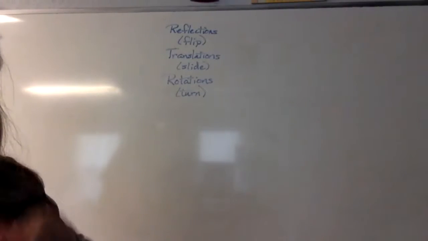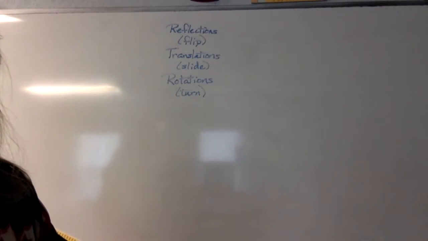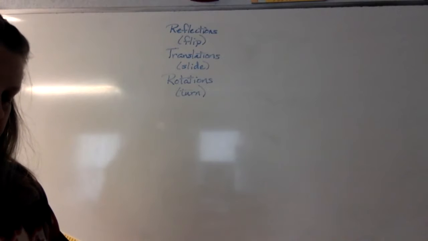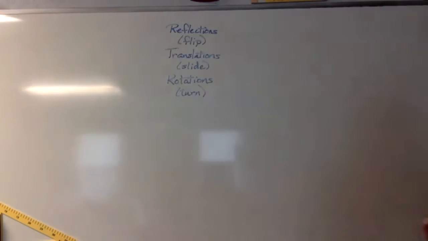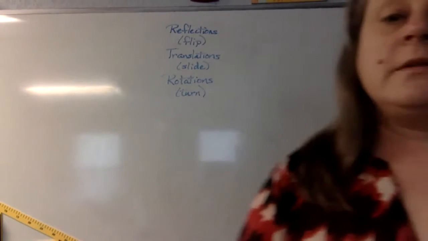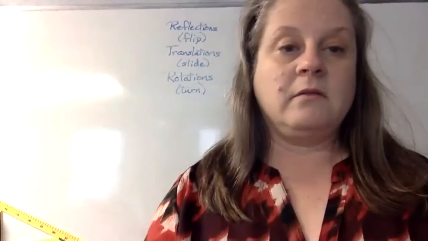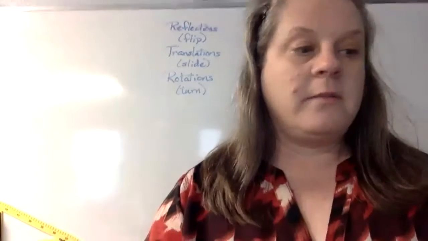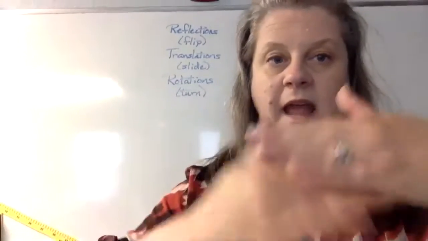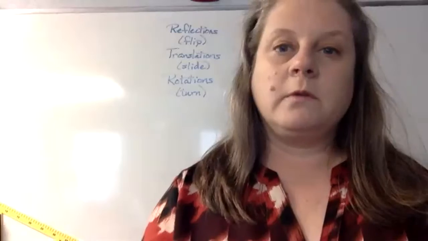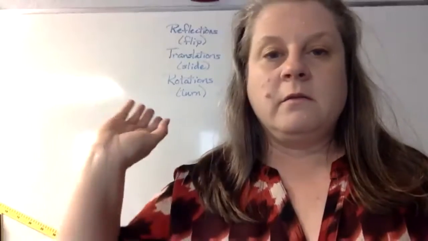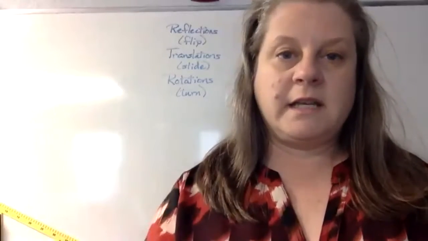Okay, so what we're going to work on today is some examples of each type. Now you should have some notes that I gave you to write down. I told you could write them either on the back of your notes page, because there was like half of a page there, or on a separate sheet of paper, that had our rules for the different rotations, reflections, translations.